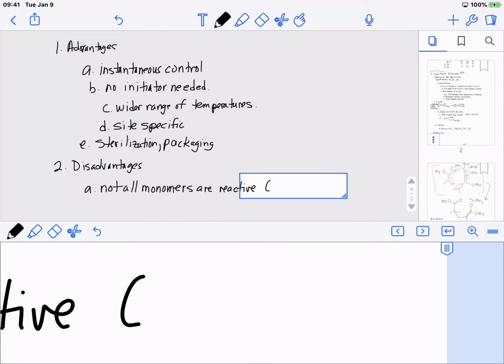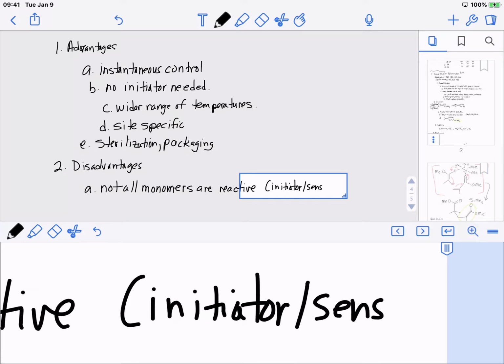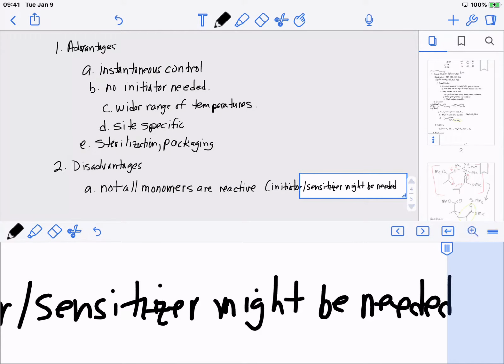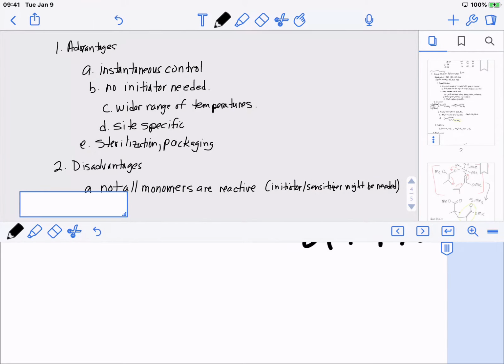Let's put a note there. I know I told you that you didn't need them up above, but sometimes you do. But most of the time you don't.